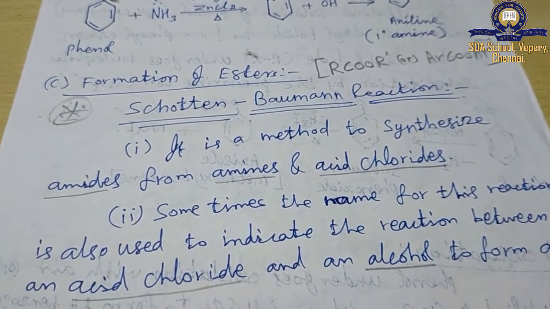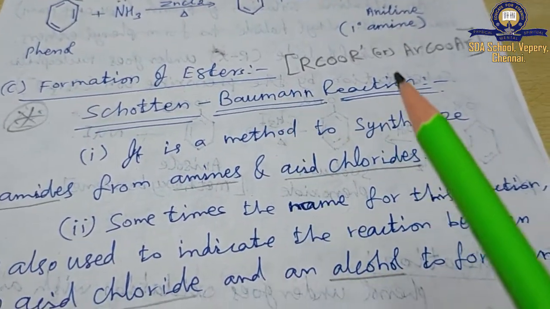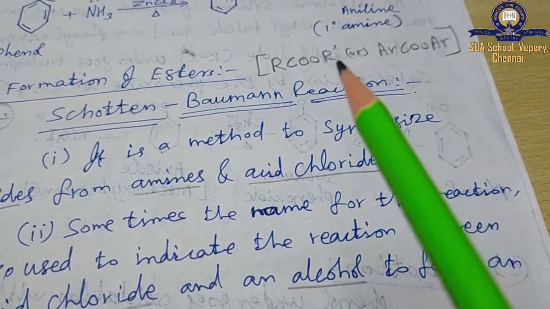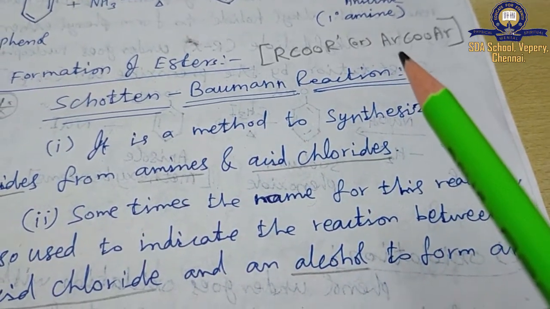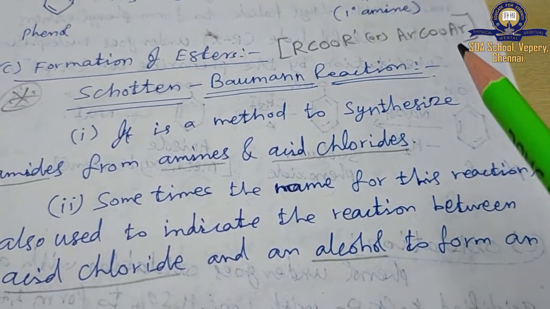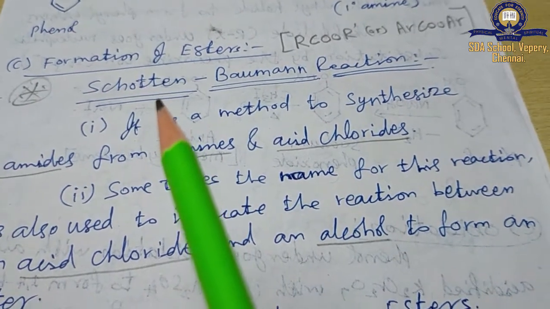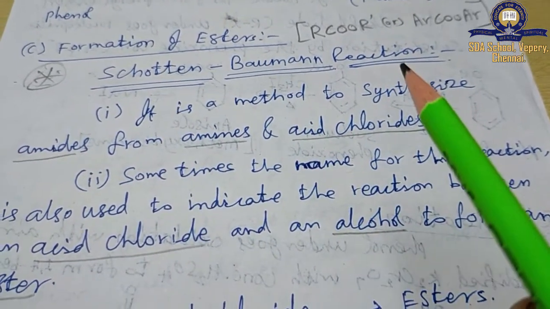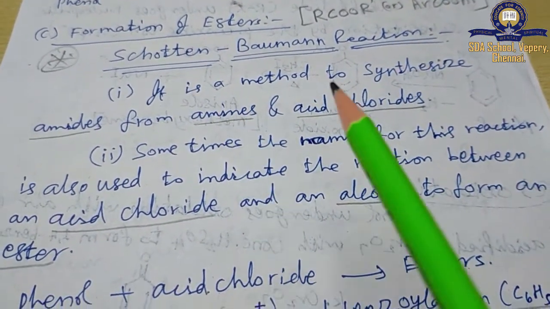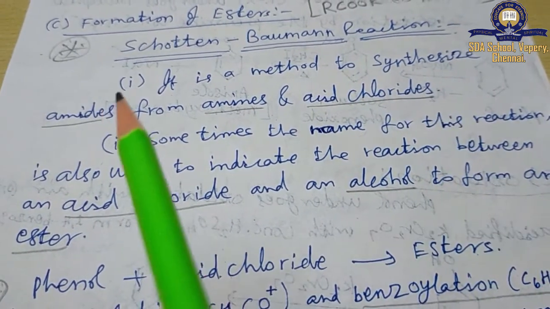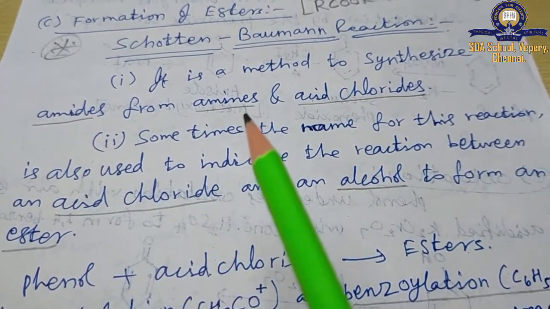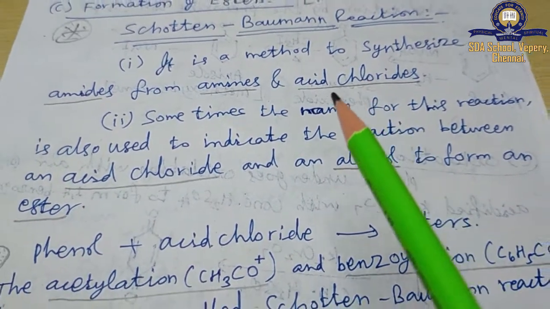Then the third one, formation of ester. The general formula is RCOOR' or ArCOOR. This reaction is named the Schotten-Baumann reaction. It is a method to synthesize amides from amines and acid chloride.